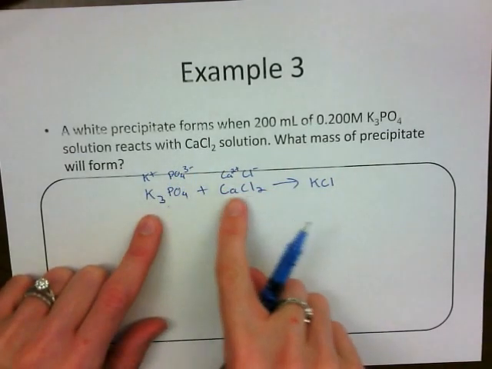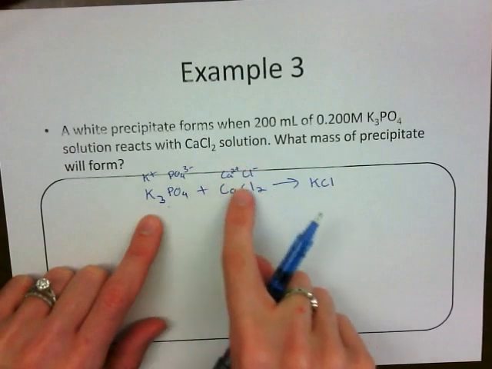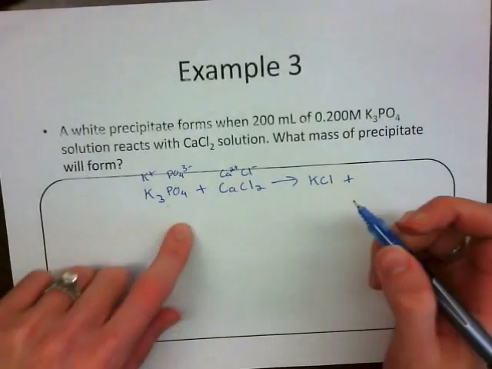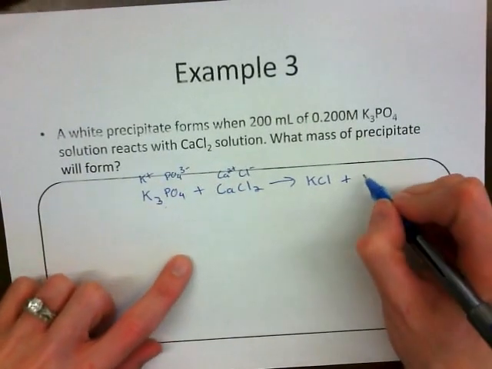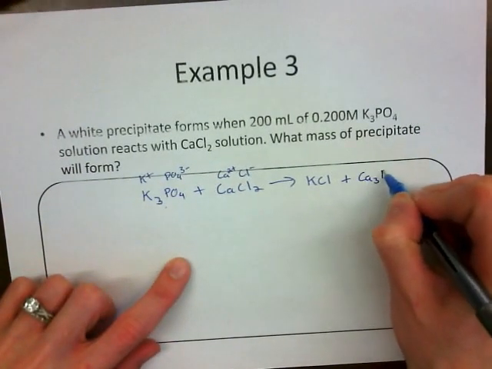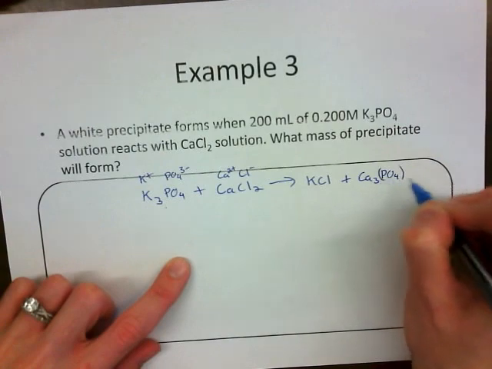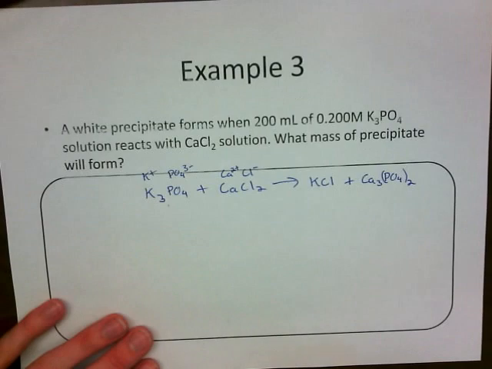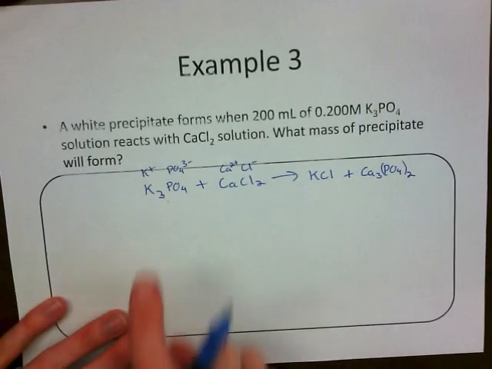If you don't remember those, you could take them directly from the formula, backward swap and drop. Calcium, phosphate, swap and drop, I get Ca3(PO4)2. Okay, last needs to be balanced.